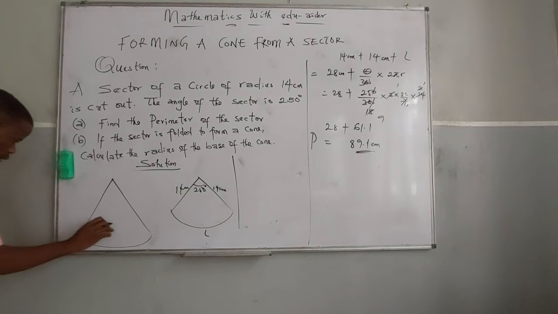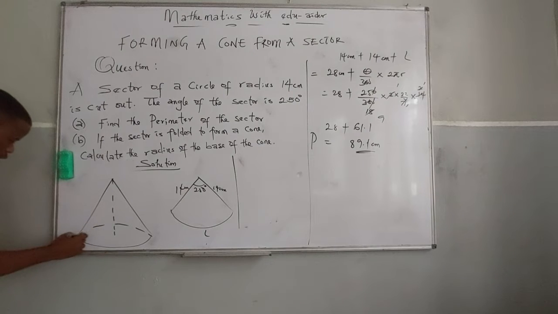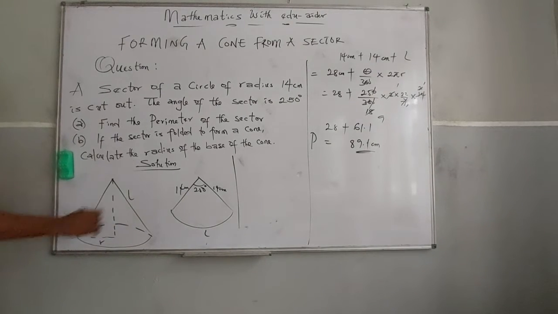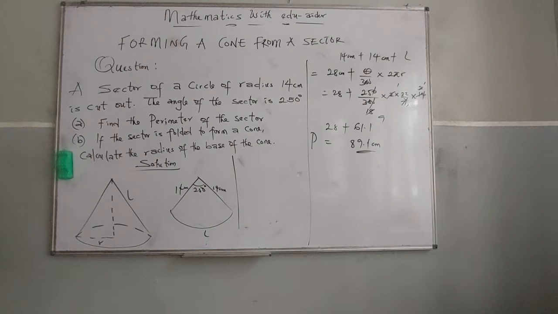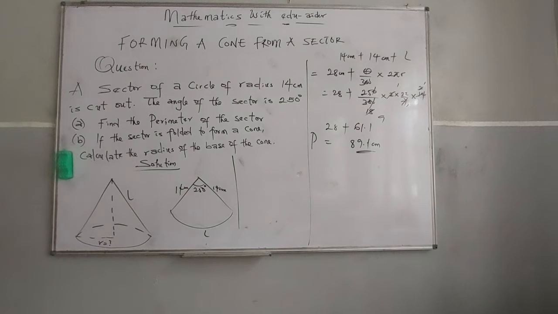The cone will have a perpendicular height, it will have its radius, and it will have a slant side, which is the slant height. It says, if the sector is folded to form a cone, calculate the radius of this. We're looking for the radius of the cone.